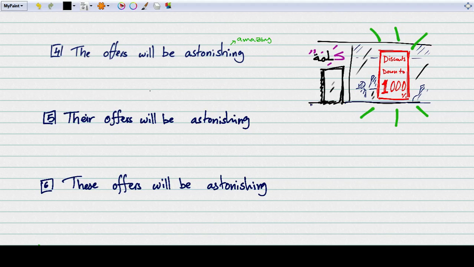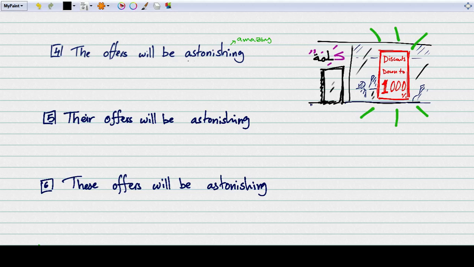Okay, and we're talking about offers and discounts and stuff like that that happen on Boxing Day and Black Friday. So let's say that we want to say the offers will be, of course it happened in the past, but let's imagine New Year didn't come. Okay, the offers will be amazing.